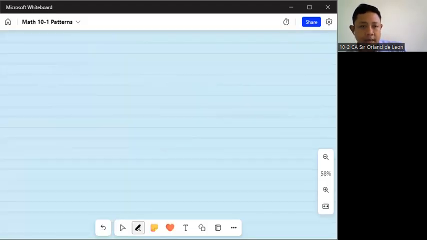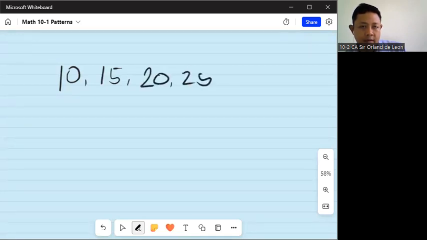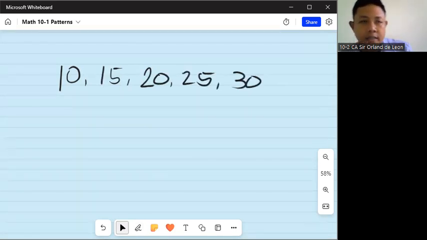So, for example, we have 10, 15, 20, 25, 30. This is a pattern. Let's get to know them better. How many numbers are there in this pattern?